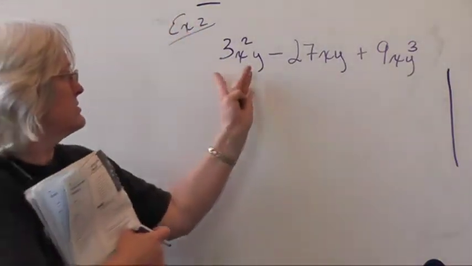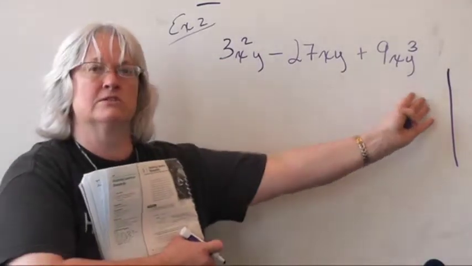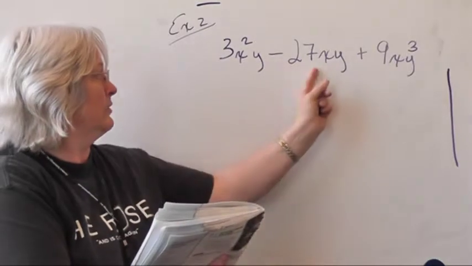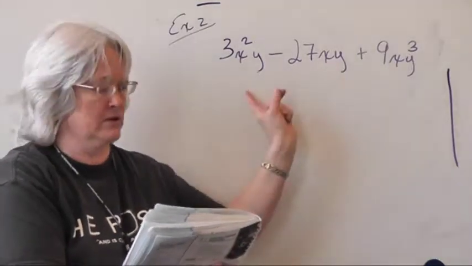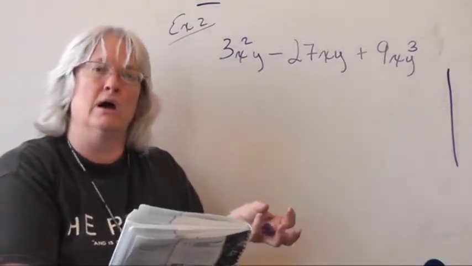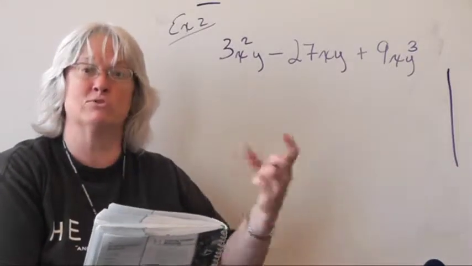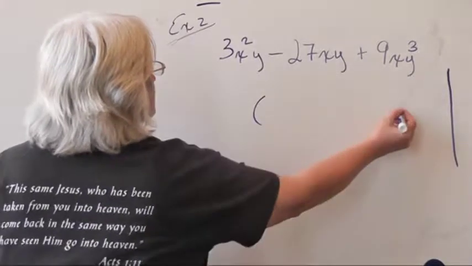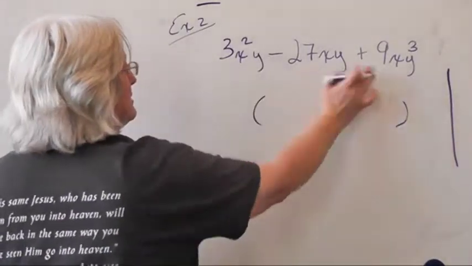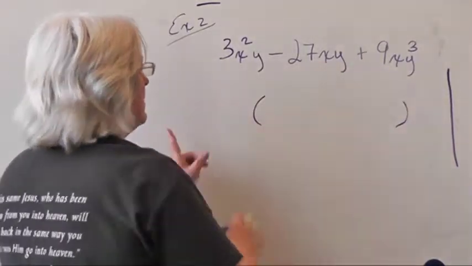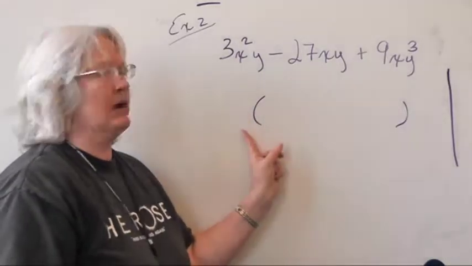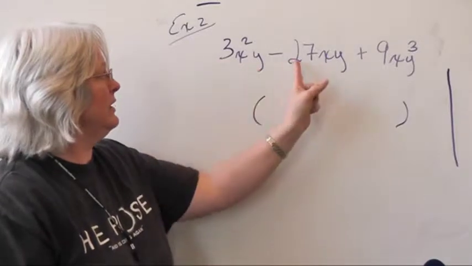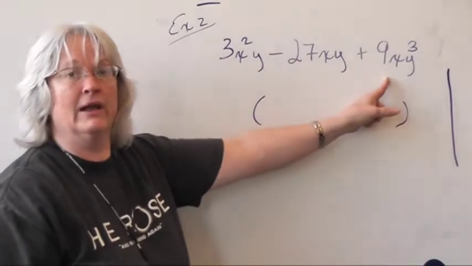What you're going to need to do is factor each of these terms and identify the greatest common factor with these terms. We're doing our distributive property in reverse. So we have something on the inside that has 3 terms, and we're going to have our greatest common factor out here. You look at our constant terms, we have a 3, a 27, and a 9.